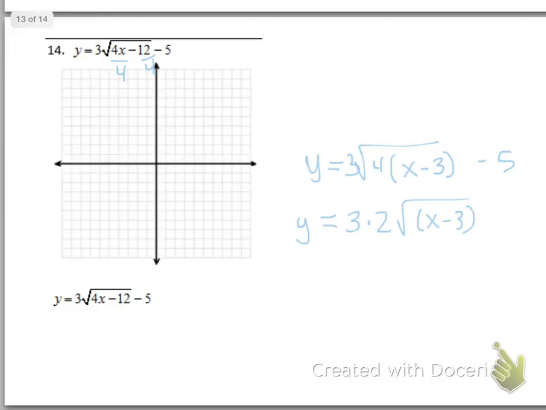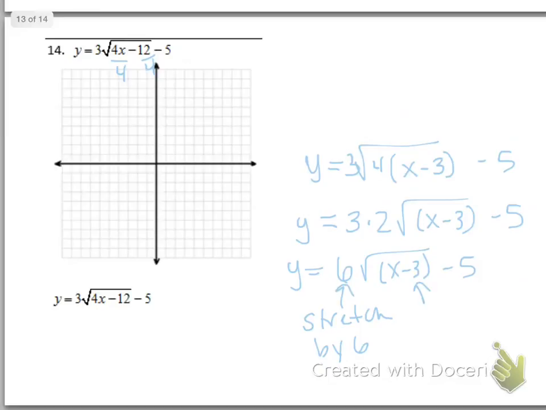And we still have the -5 in the back end. When it pops out, we can then multiply it. 3 times 2 gets me 6. Okay, so it is going to stretch by 6. It is going to move right 3 and down 5. So if you check this in your graphing calculator, that should be the direction that it's moving on this one.